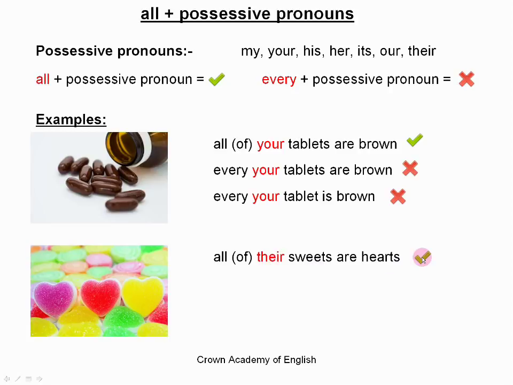We can say all of their sweets are hearts. But we must not use the word every, because this is a possessive pronoun and we must not use every with possessive pronouns. So every there is wrong.